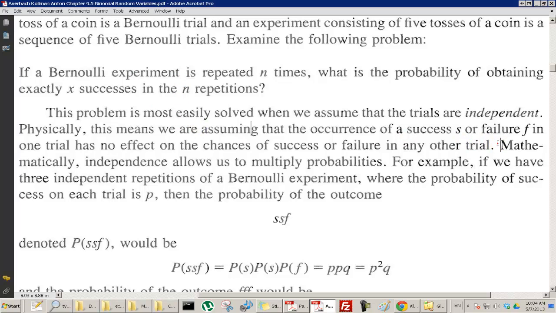Mathematically, independence allows us to multiply probabilities, right? You know that the probability of A intersect B is equal to the probability of A times the probability of B if the events are independent. So independence allows us to multiply probabilities.